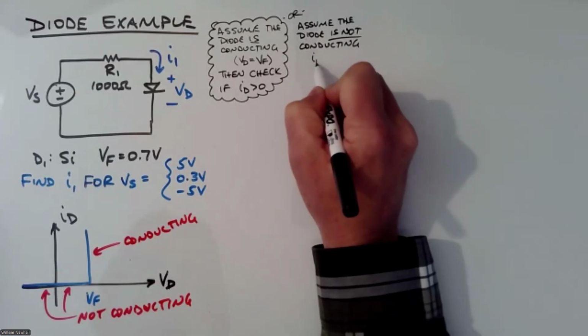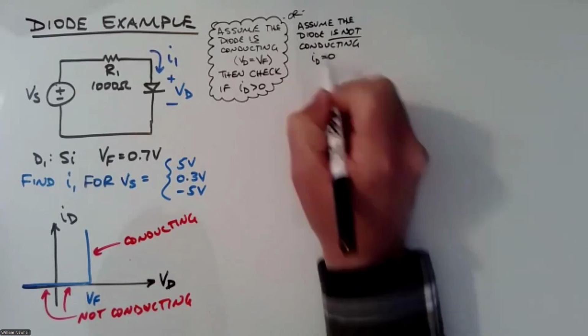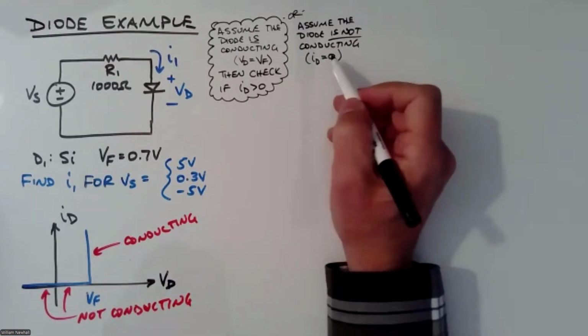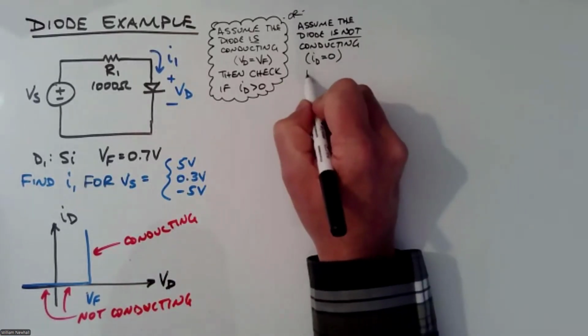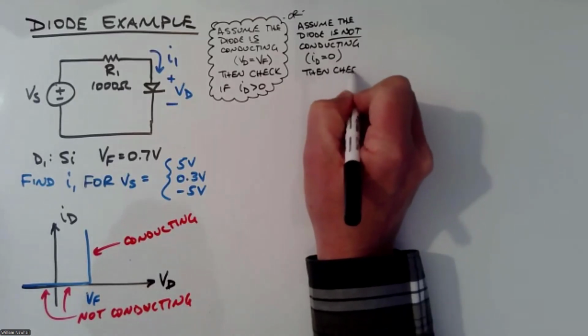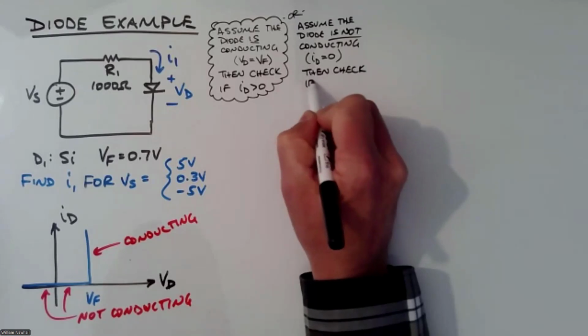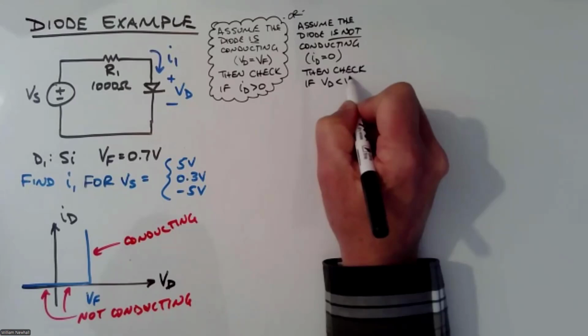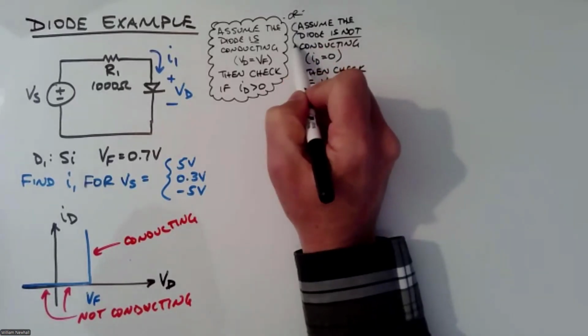When a diode is not conducting, ID is equal to 0. And then we're going to check this assumption, and check if VD is less than VF.